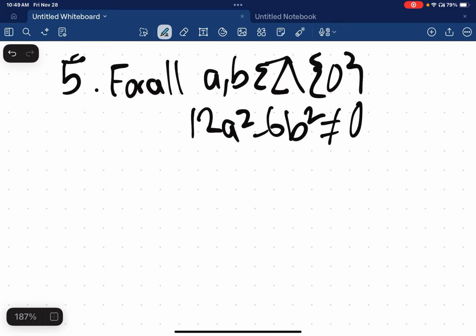Okay, I see why it's saying for all non-zero integers now, because if you plug 0 in there, then it is going to equal 0.